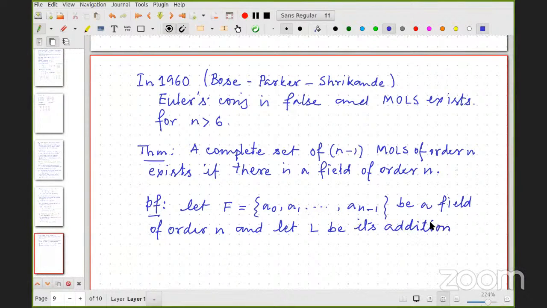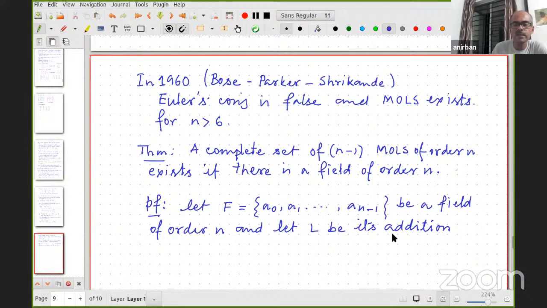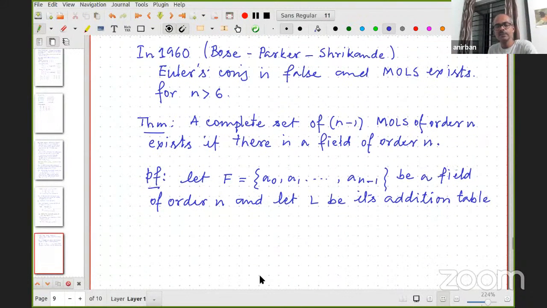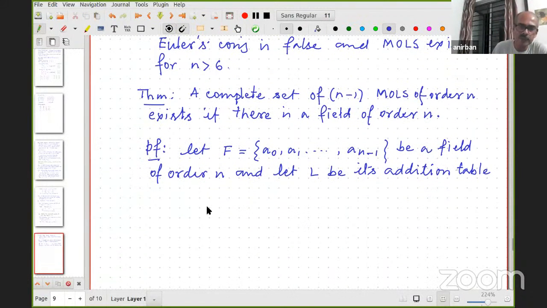Just I'll say what it is. Like a multiplication table, you can think of an addition table, since you have an addition operation.